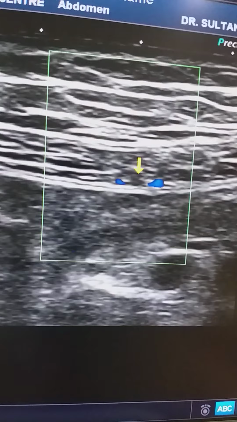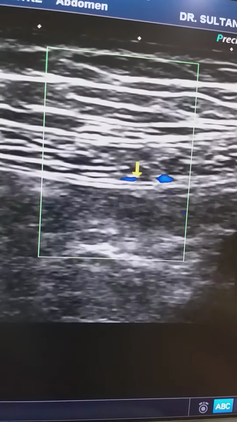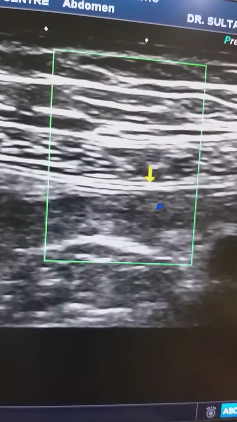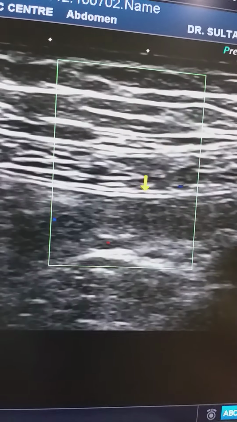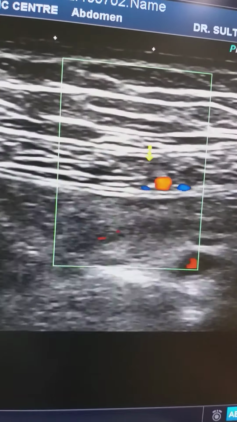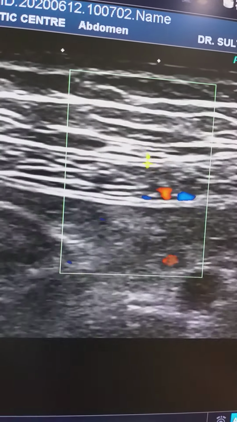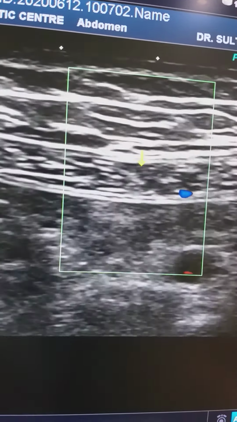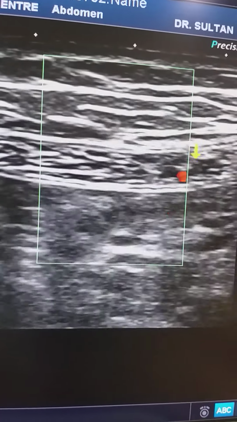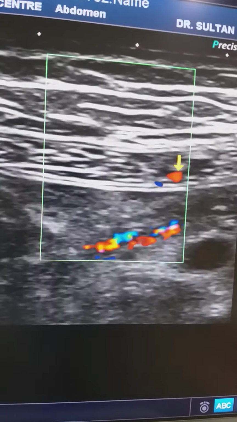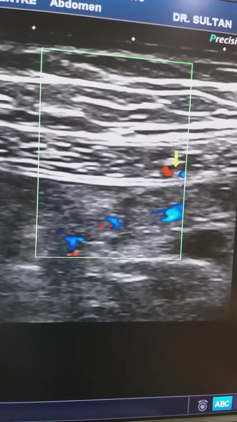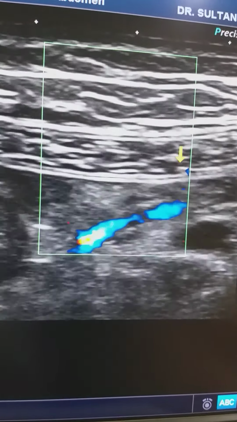just posterior or inferior to the inferior aspect of the rectus abdominis muscle. And then we move laterally.